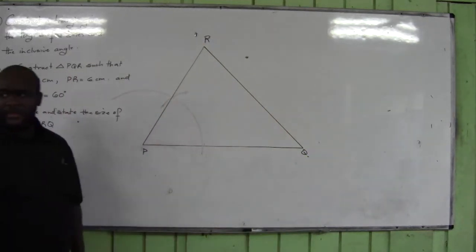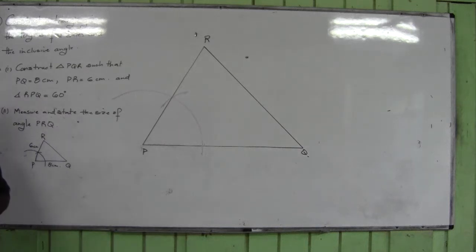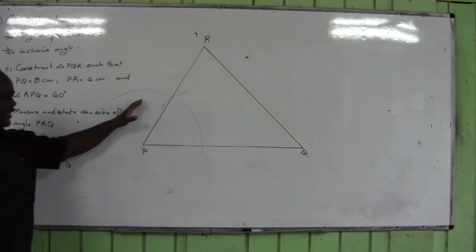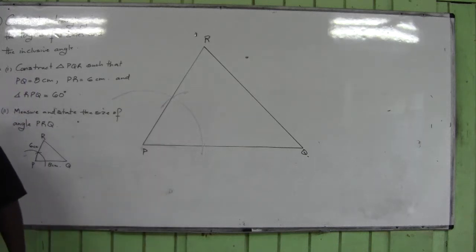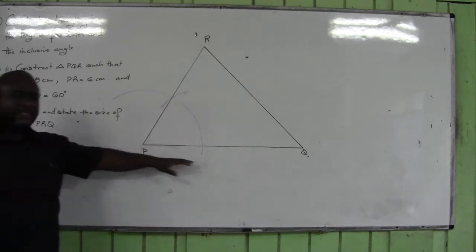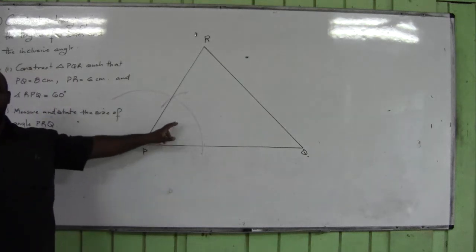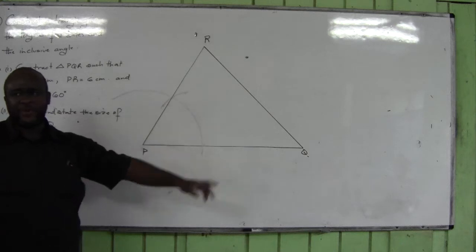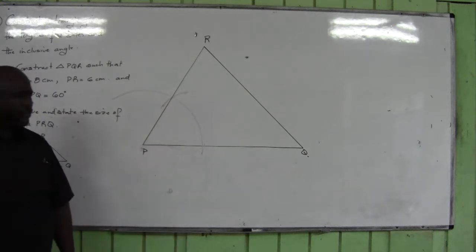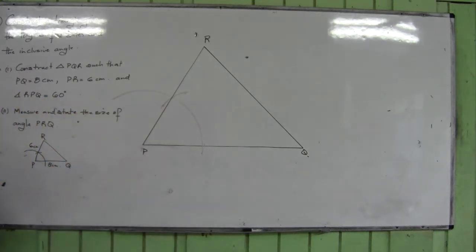So again, if you're constructing a triangle given the lengths of two sides and the inclusive angle, the order is always side first, inclusive angle, second side, and then the last step is to draw the third side. So I've done part I. What did they say next?